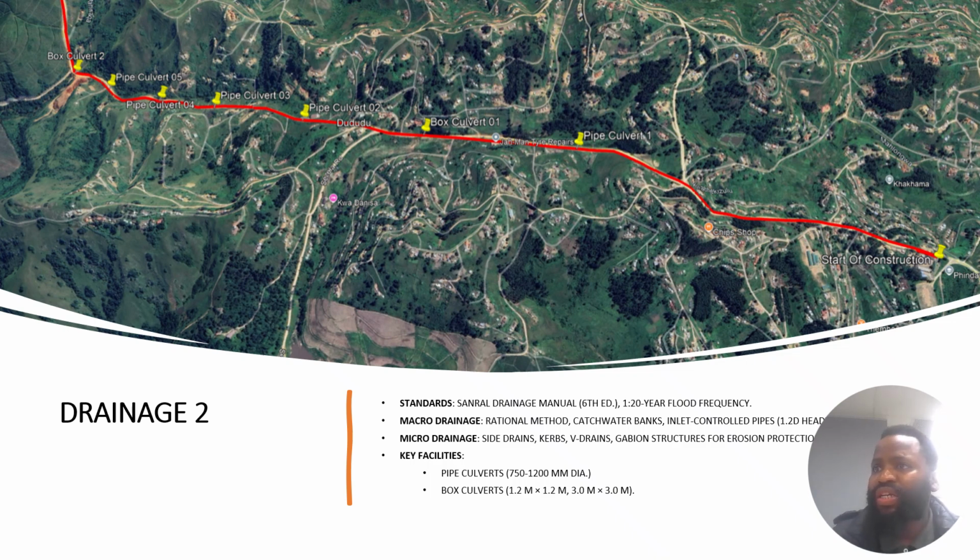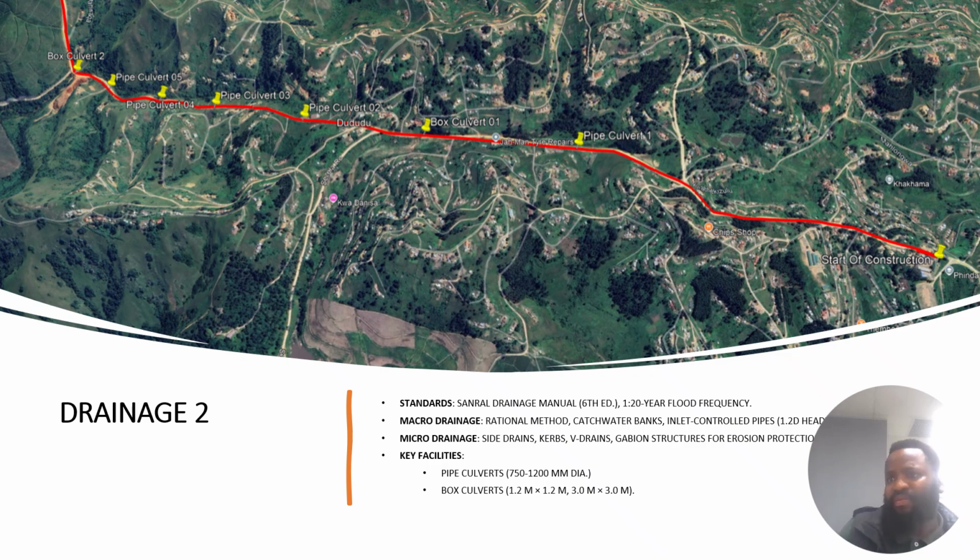For macro drainage, you consider the rational method, catch water banks, inlet control pipes, and your freeboard of 1.2 D. And then micro drainage: side drains, kerbs, V drains, and gabion structures for erosion protection, and all that.